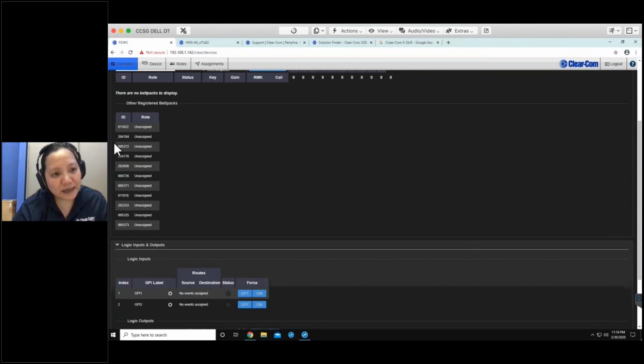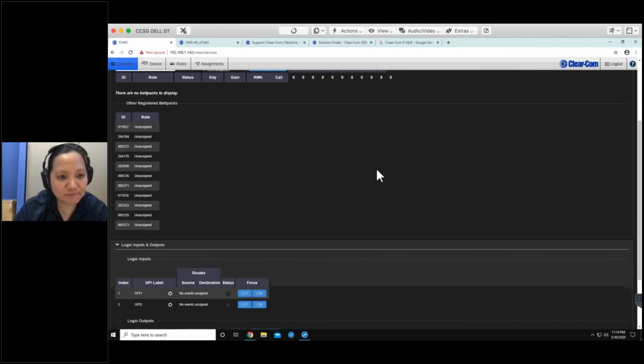Okay, this ID is just a number that came with the belt packs. So this ID is the unique hardware ID of that belt pack. Most of the time, the ID doesn't mean much to anyone other than the person who's handling the logistics of it. So we tend to look at row more when we are operating. I don't know if Pete could tell me any other use for belt pack ID besides tracking the hardware.